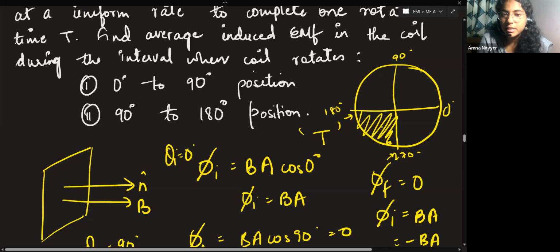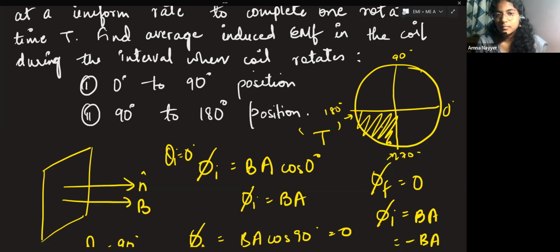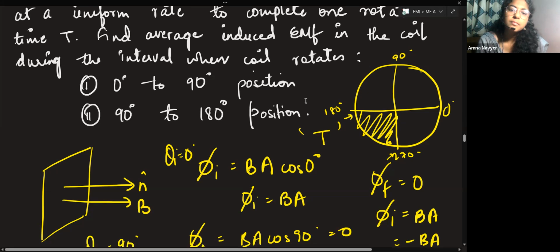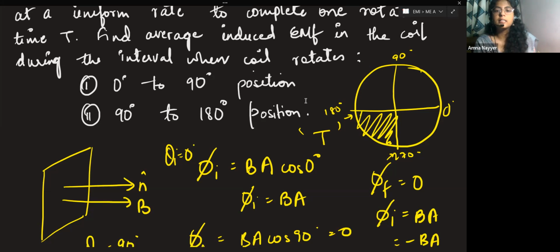If the total is T, how much is the portion that I have shaded?